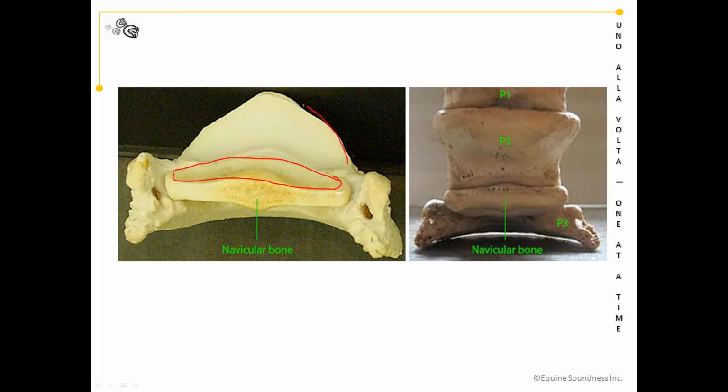So the short pastern bone articulates with the coffin bone here and with the navicular bone in this area. And this picture just shows the navicular bone, how it sits behind the coffin bone and below the short pastern bone.